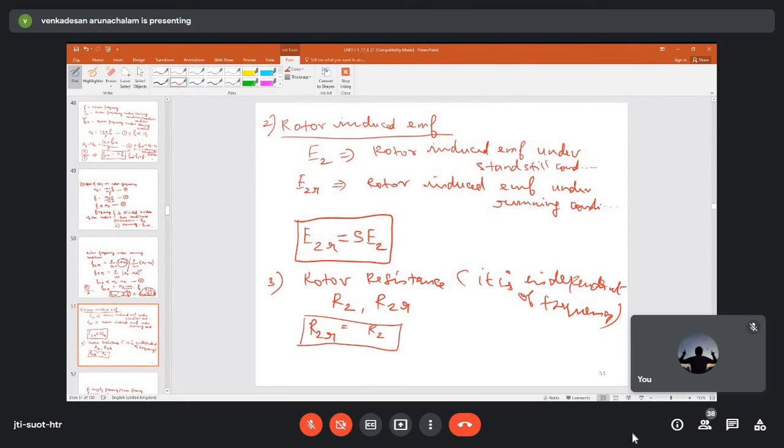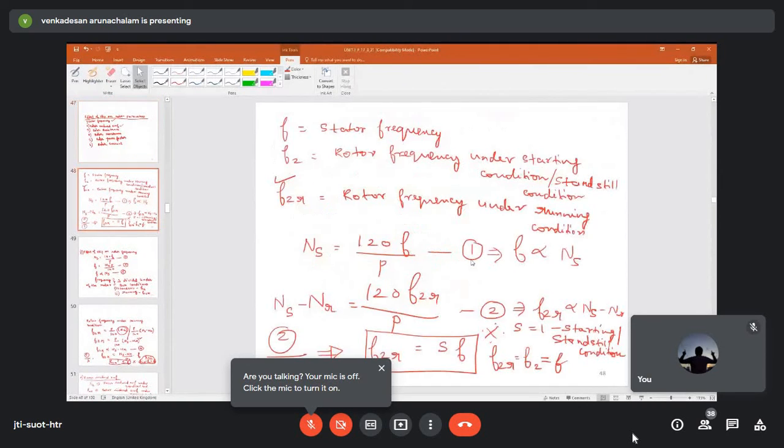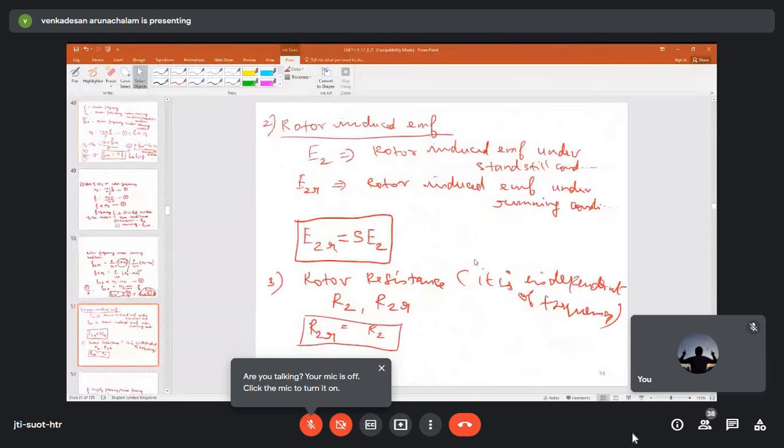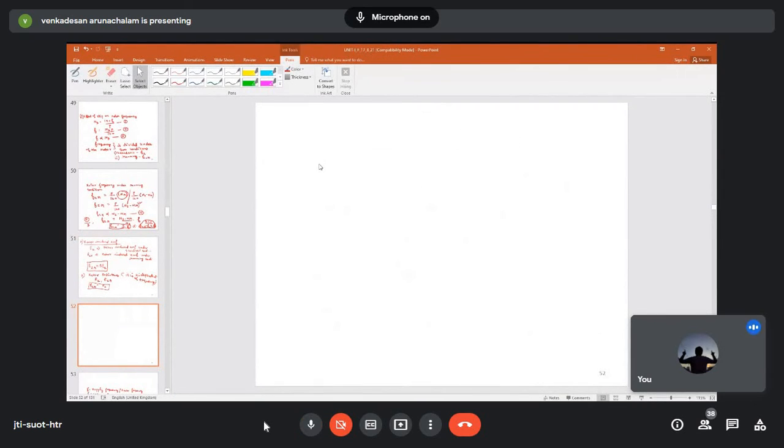Okay. And the next parameter, rotor reactance. What about the rotor reactance? Very good, very good. Why? Because the rotor reactance is dependent on the frequency. X is nothing but 2 pi FL.